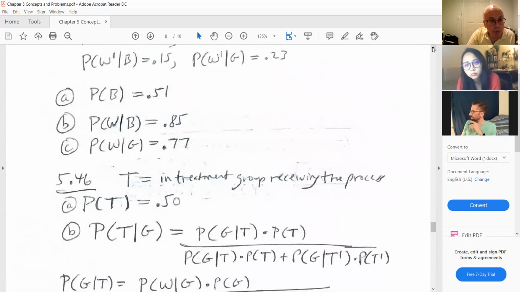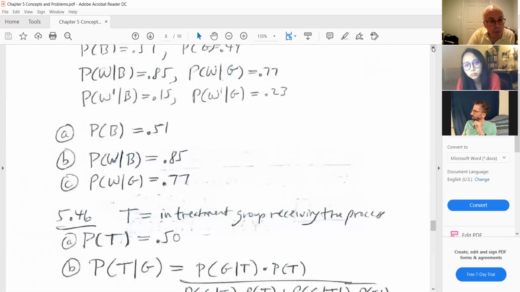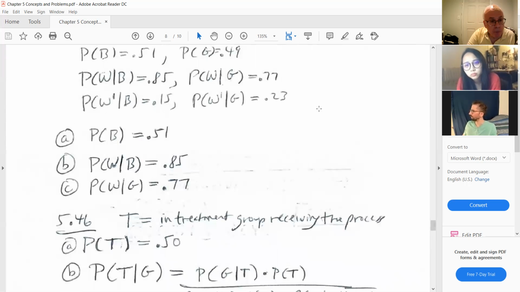One thing we could have done is use Bayes' theorem and calculate the probability that the child is a girl given that the process worked, right? Which is what you were trying to plug in. We would need Bayes' theorem for this.